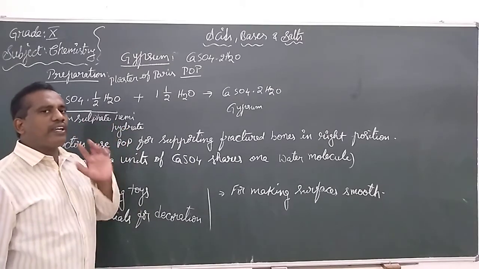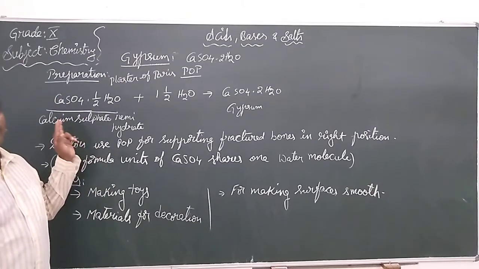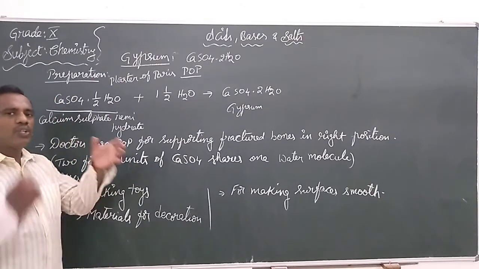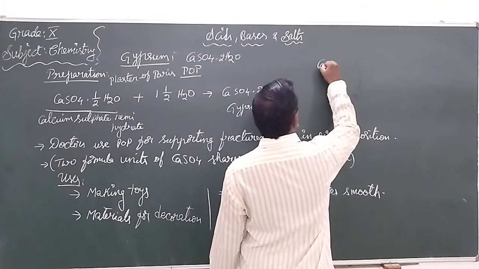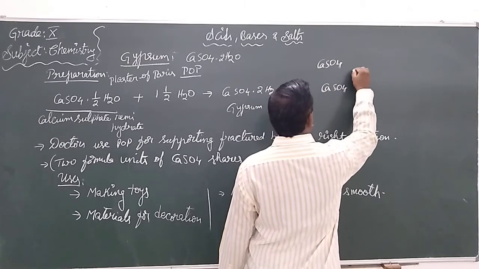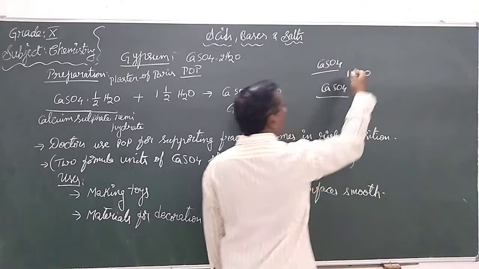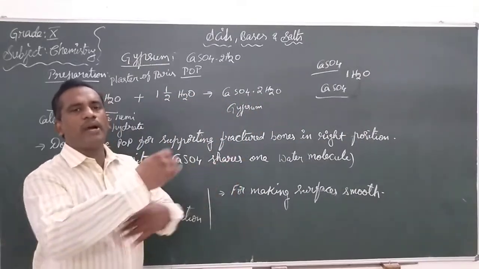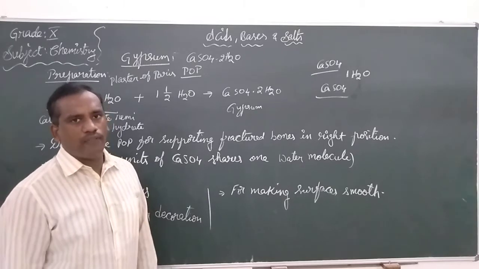Actually, if you take two formula units of CaSO4, one water molecule will be shared by both of them.